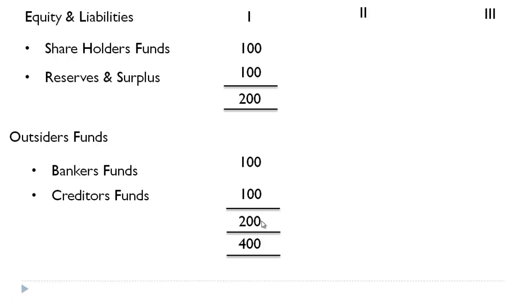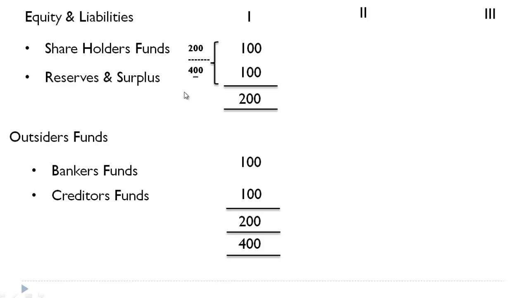Now we have to understand the long-term stability of the business. By looking at this, is it possible for us to understand that? Yes. Come to this point, we have shareholder funds and reserves and surplus. So these two is 200, right? This 200 is out of this 400, right? Yeah, 200 out of 400.